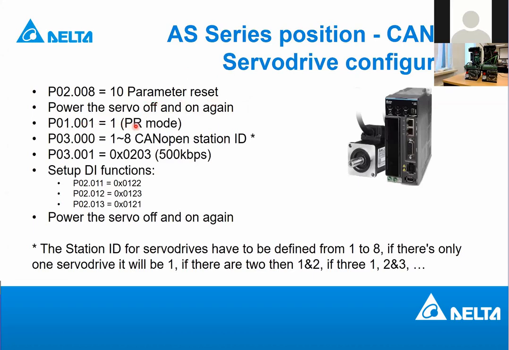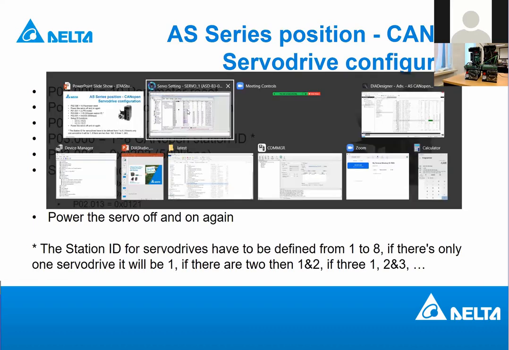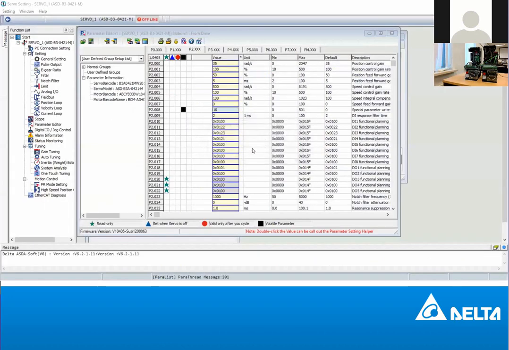We are going to set the control mode of the drive. That is parameter 1. We are going to use P mode. Parameter 1, 001, we set it to 1. So let's go to our parameter editor. Before I start writing, I want to read the parameters to make sure that I'm connected. You see I'm offline, let me go online.